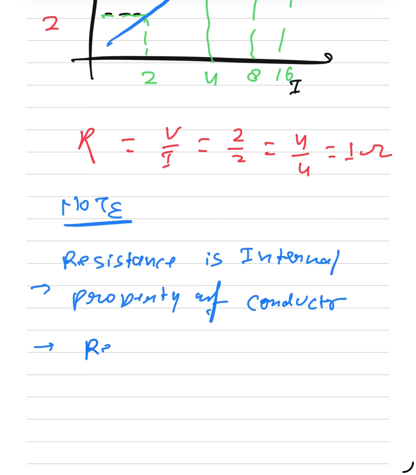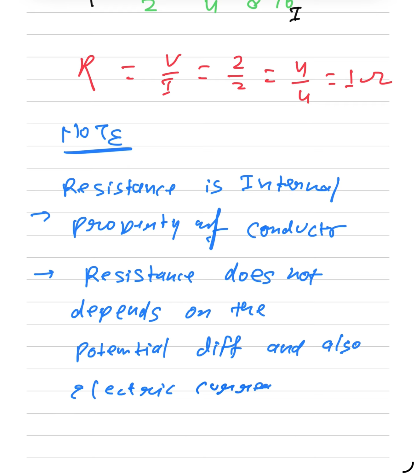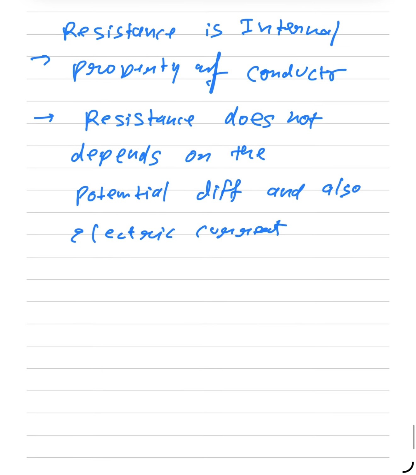Resistance does not depend on the potential difference and also the electric current, right? R equals V divided by I.